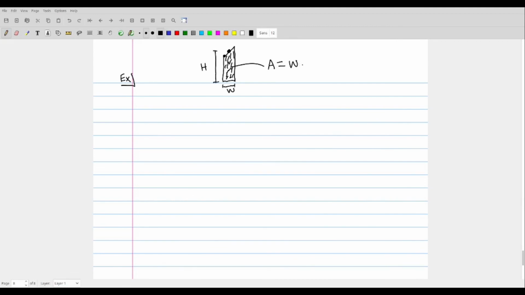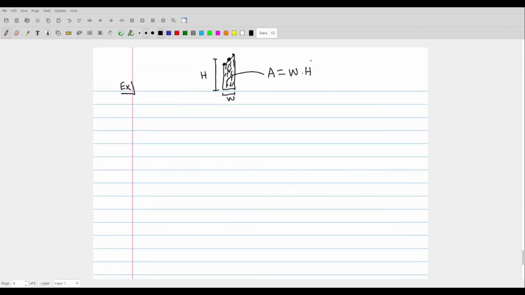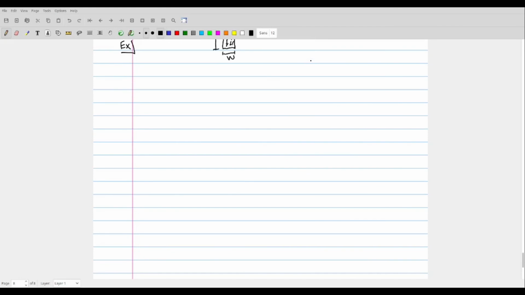It's the width of this trapezoidal figure times the average height between the lowest point in the trapezoid and the highest point in the trapezoid. So it turns out that we actually have a very similar formula in 3D for the volume of a trapezoidal shape with a rectangular base, or with a square base.